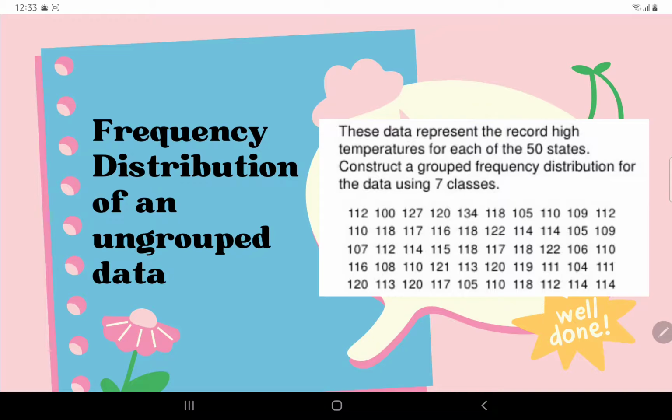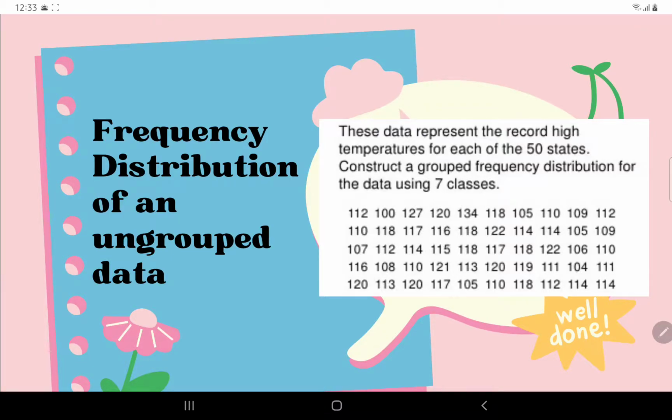And then another example is the number 110. Here we have 110 once, then 2 times, 3 times, and the 4th time. So the frequency for number 110 is also 4 because it occurs 4 times.